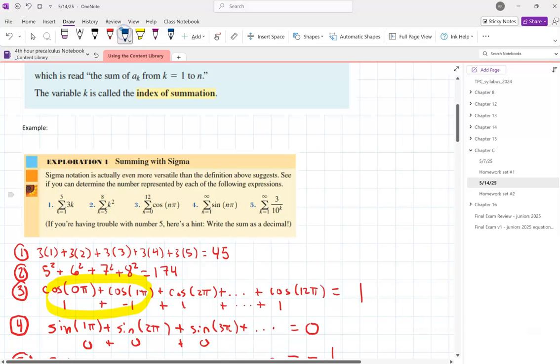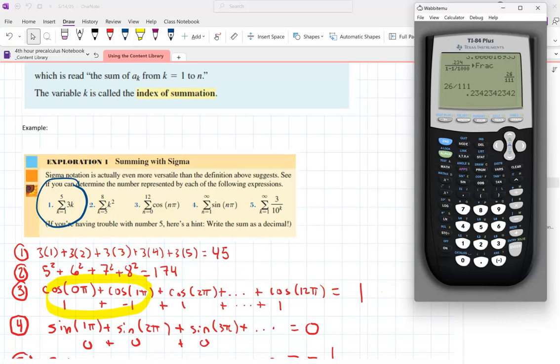So let's say that we're going to just do number 1 here. Instead of having to do that by hand, your calculator can do this. If I press the math button and scroll down to, on mine, it's command 0. It's called summation. I pick that, it gives me the symbol.